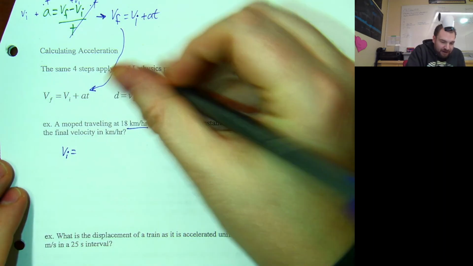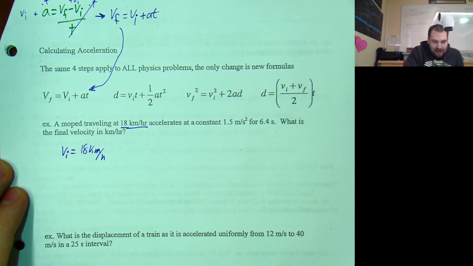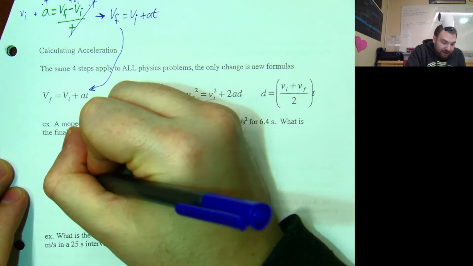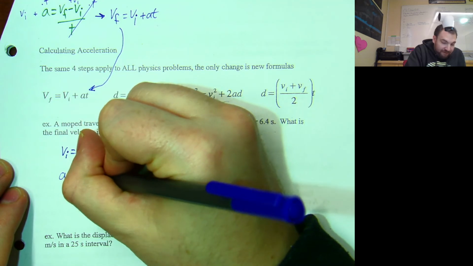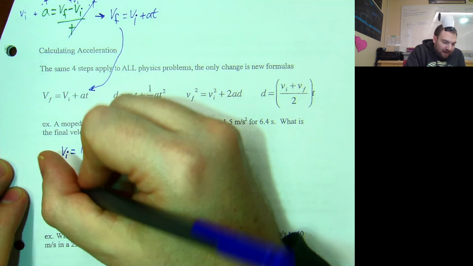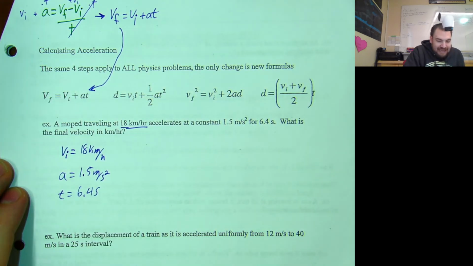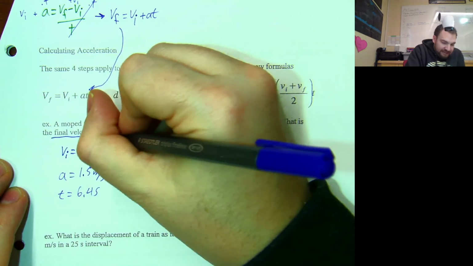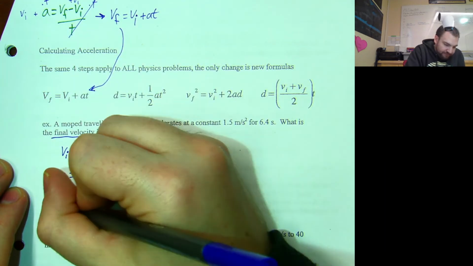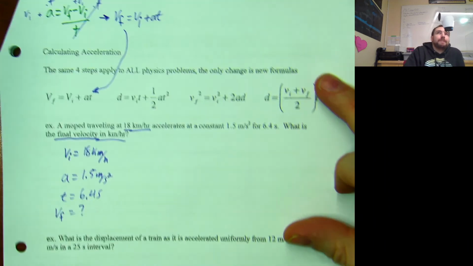Going 18 kilometers per hour. We know that it was given an acceleration of 1.5 meters per second squared. The time it took to do that was 6.4 seconds. And we want to know what the final velocity is in kilometers per hour. So that's what we're looking for.